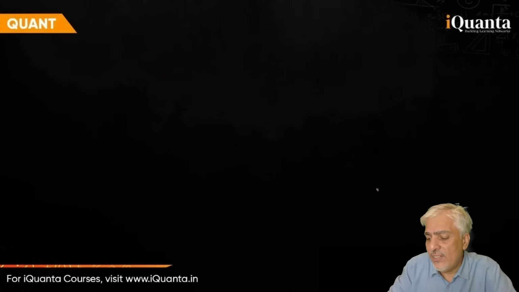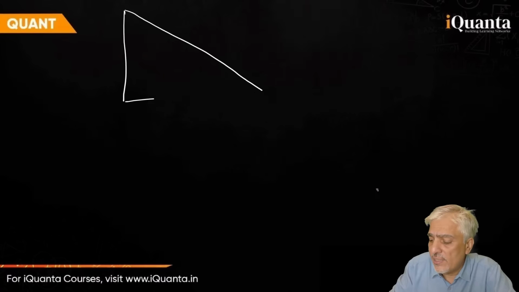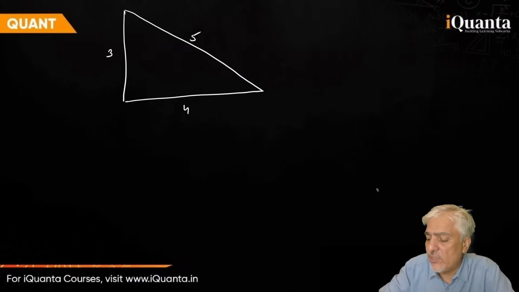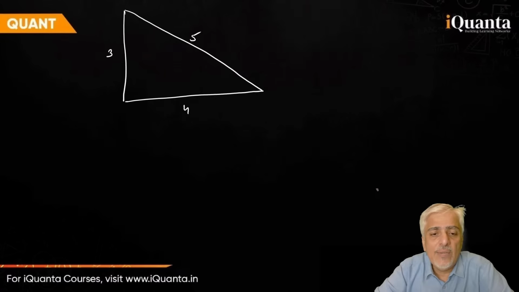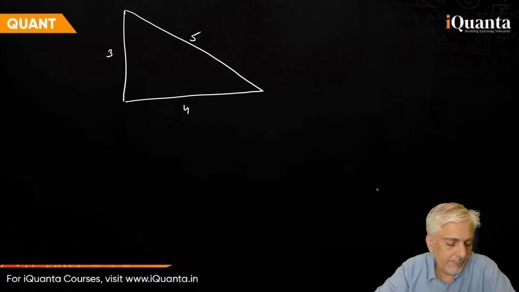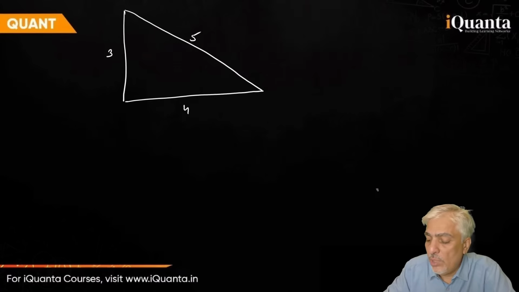Right angle triangle triplets. From all my CAT years of experience, 75 to 80% of the questions are made keeping 3, 4, 5 in mind.